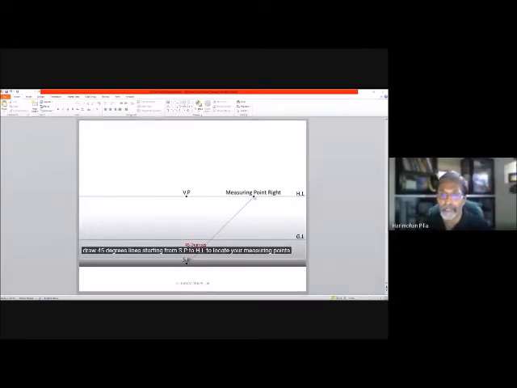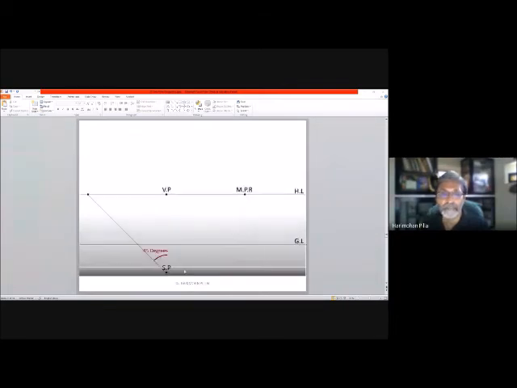When you draw a 45-degree line from the station point like this, wherever it cuts, mark that point. That point is called the measuring point. This is a definition. Measuring point right side, because this is your right hand side, is called MPR, or measuring point right. Then draw another 45-degree line to the left and mark the measuring point left, MPL.